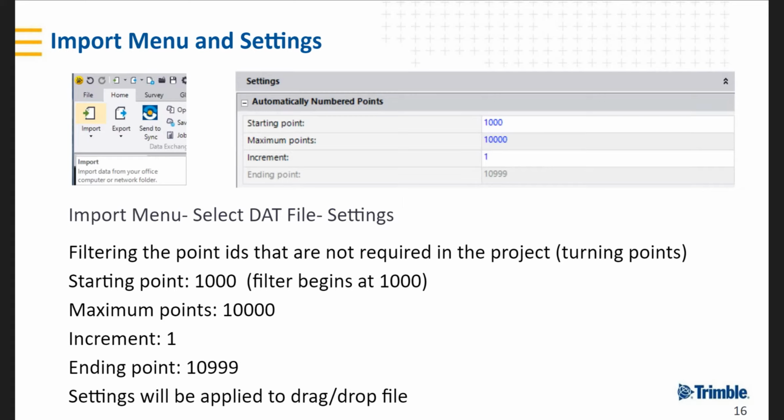This allows some filtering of your turning points, and it correlates to the field teams running the levels, where you can say your turning point numbers are going to begin at this, and then use different numbers for the fixed points. Once you have this set, these settings remain the same until they're changed.